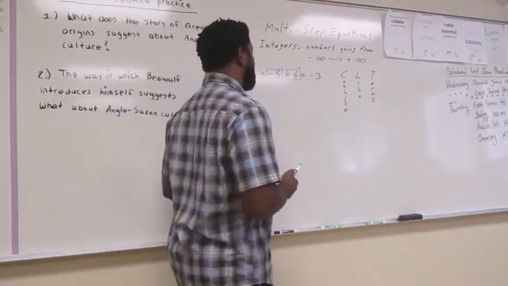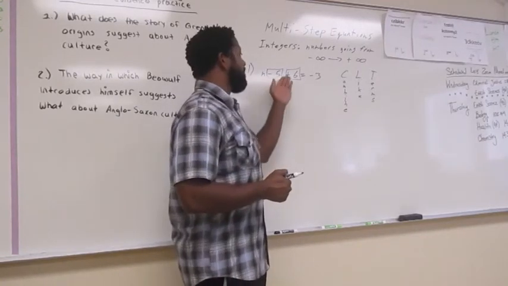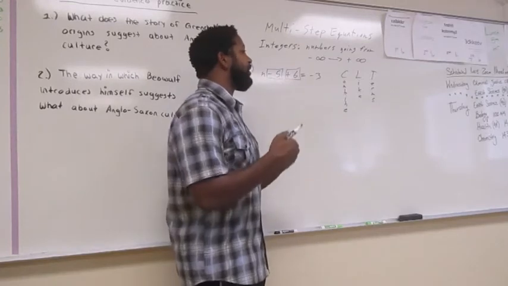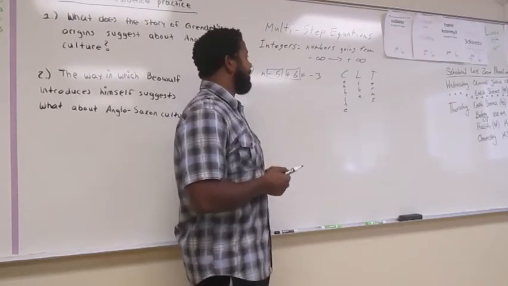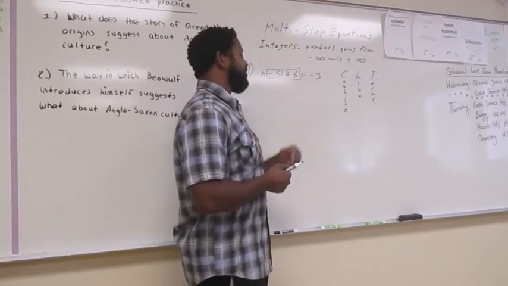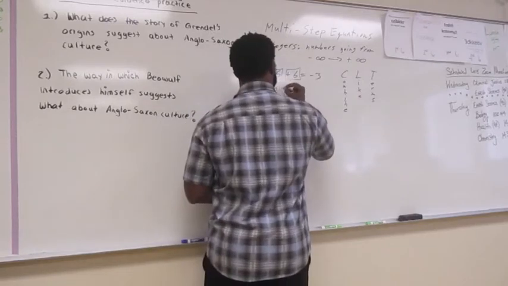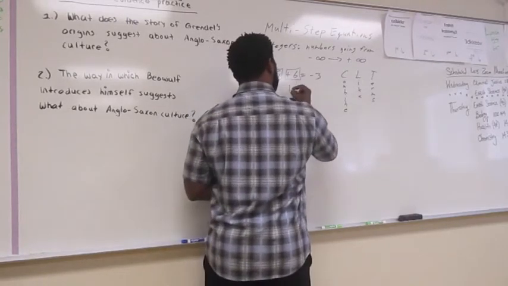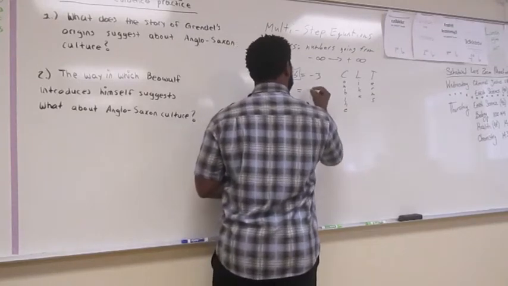So we're going to add or subtract them. They have different signs, so we take the difference, the bigger number. What's negative 5 plus 6, or 6 minus 5? 1. So we have n plus 1, equal to negative 3.